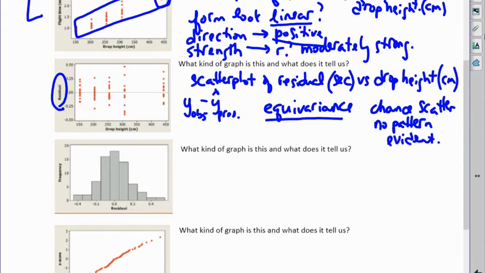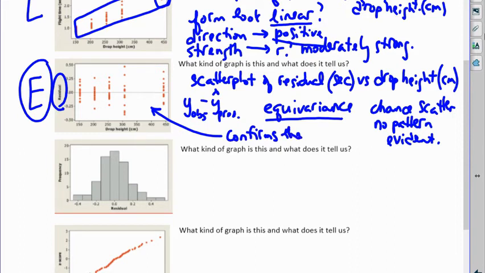And that is checking the E. So when we see this equivariance, it's also confirming the L as well. So it's satisfying the E in LINER, but it's also helping to confirm that L.